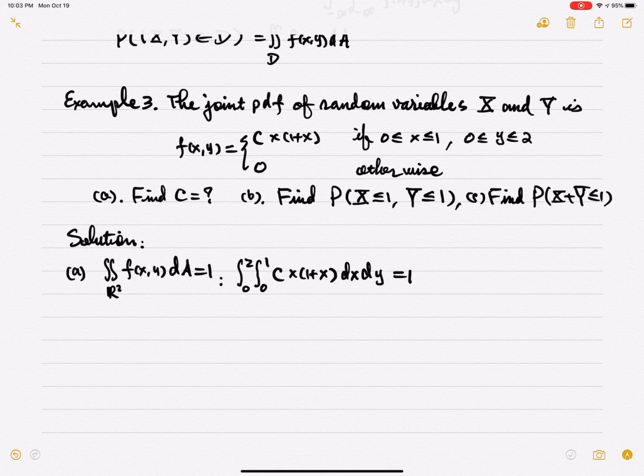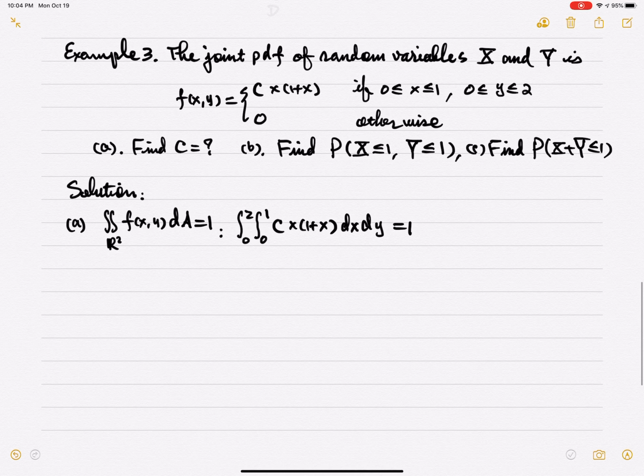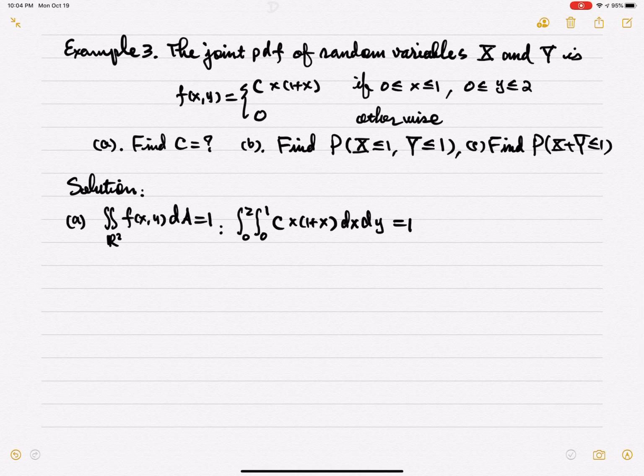On the outside of this rectangular box, it's equal to 0. Now of course this c is a constant. C moves out, and the integral with respect to x has nothing to do with y, because variable y is not involved. So you move this whole thing out.